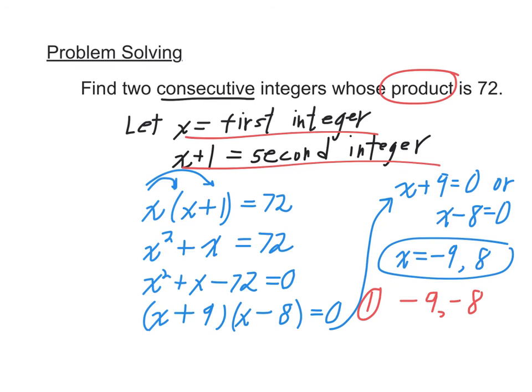There are two consecutive integers whose product is 72. The other possibility is for the x value to be positive 8. The next consecutive integer there would be 9. They also meet the conditions that they're two consecutive integers and their product is 72.